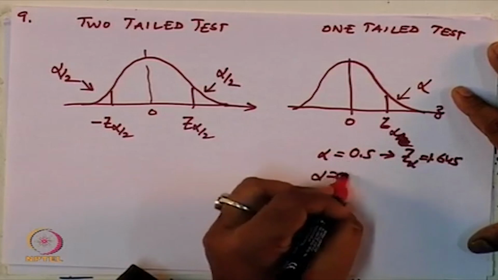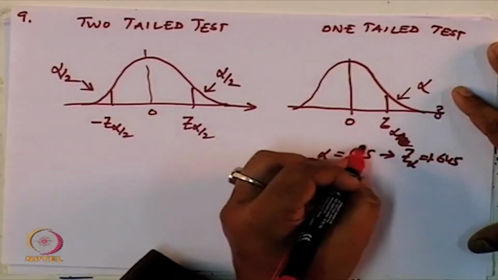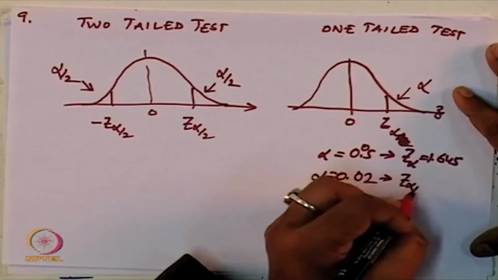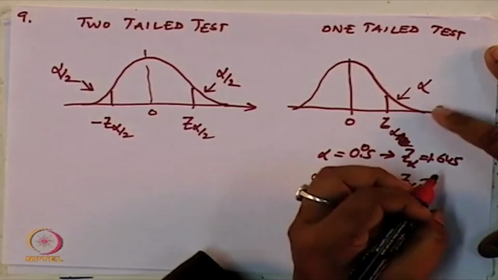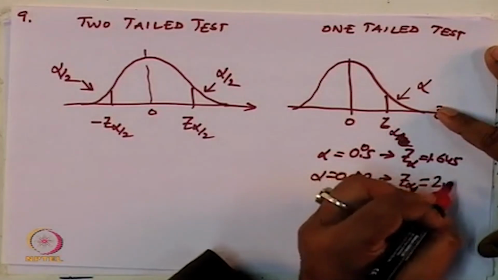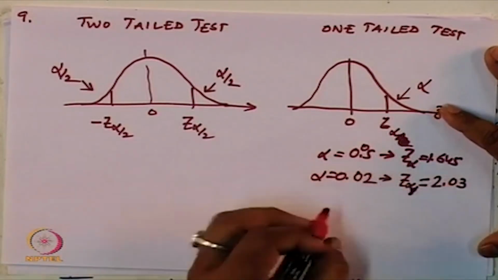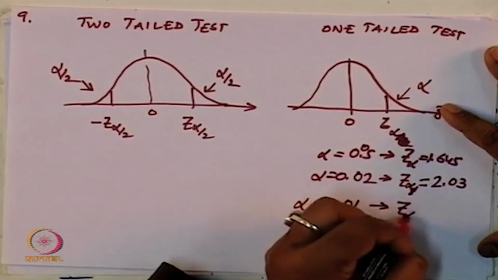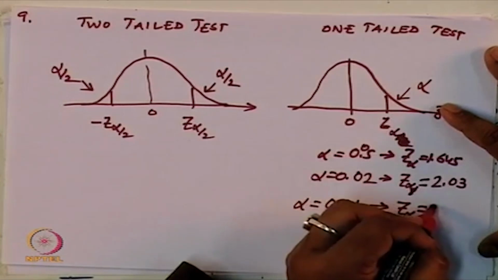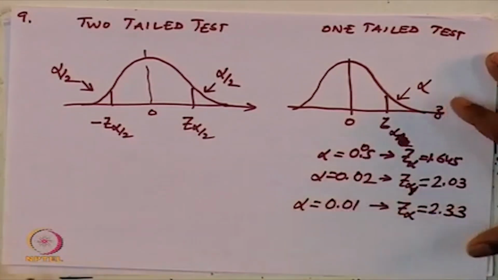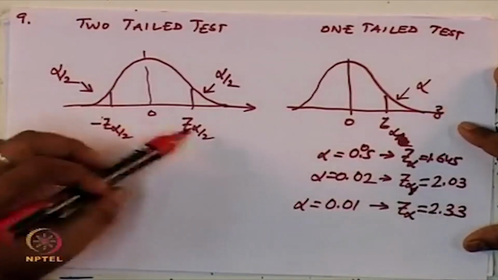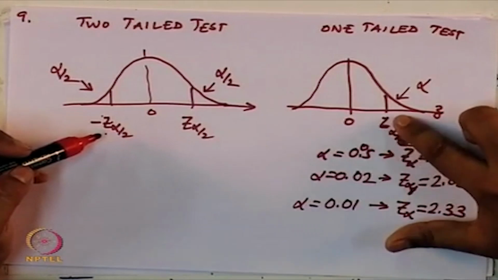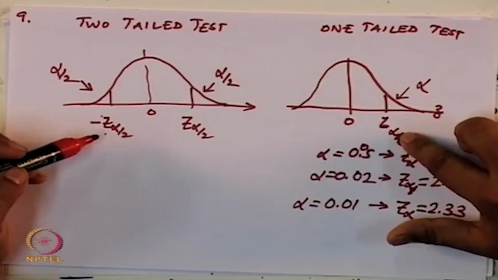For alpha equal to 0.02, I get Z of alpha equal to 2.03, and for alpha equal to 0.01, I get Z of alpha equal to 2.33. These values for a two-tailed test I refer to as Z of alpha by 2. For a one-tailed test, you only represent it by Z of alpha.